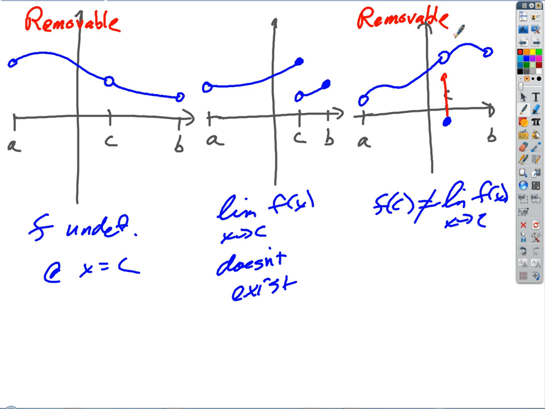But how about this one? How many points would I have to move to repair that one? Well, more than 2, but I'd have to do actually quite a bit more than 2. How many? Infinite, yeah. Because I would have to fundamentally change the shape of the whole curve, wouldn't I?